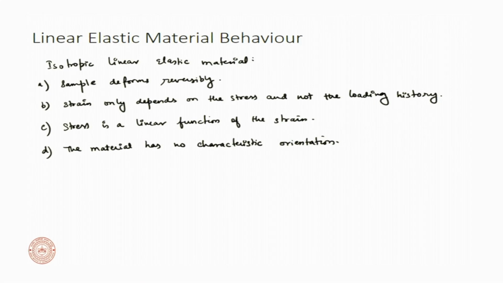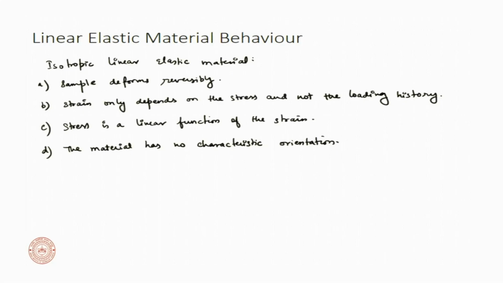What the last point means, and it comes from the isotropic part of our definition, is that all directions are uniform, not in terms of stress or force applied. Of course, you can apply different forces from different directions, but from a material's response perspective, all the directions are equal. Whether you apply it along the x-axis, y-axis, z-axis, or any axis in between, the material's response should be similar. So, that is the requirement for an isotropic linear elastic material.